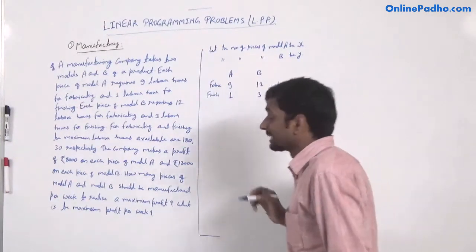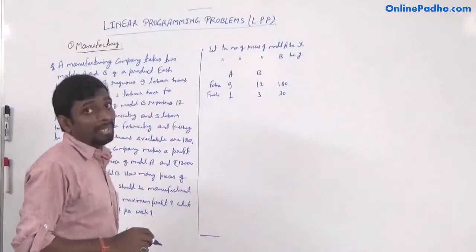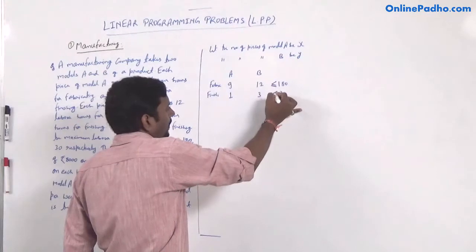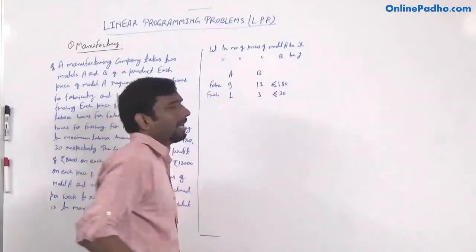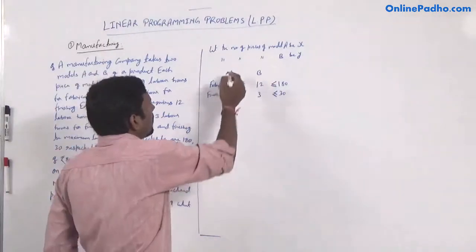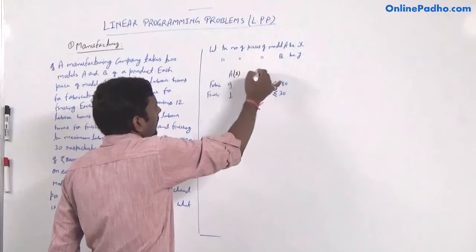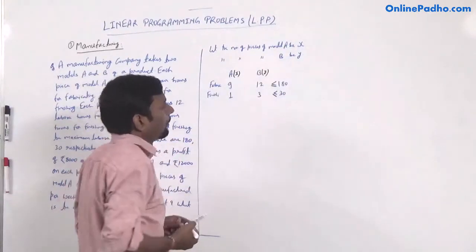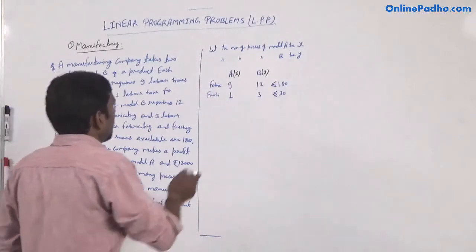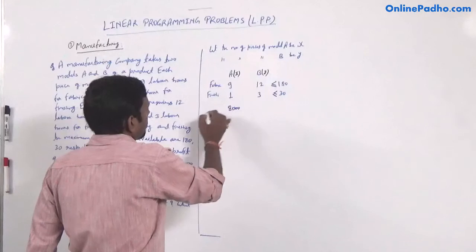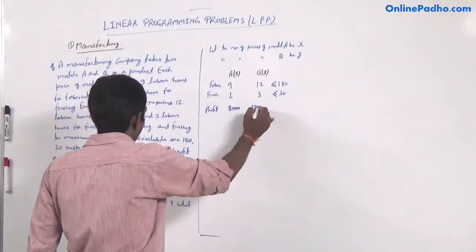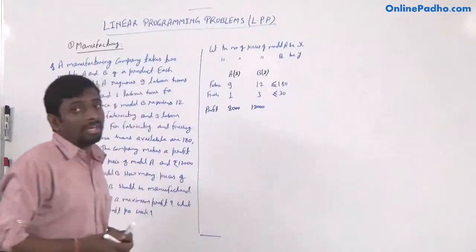For fabricating and finishing, the maximum labor hours available are 180 and 30. Maximum means less than or equal to. We have less than or equal to 180 hours for fabricating and less than or equal to 30 hours for finishing, right? And we have the number of pieces x and y, and the profit of 8,000 on model A and 12,000 on model B. We need to write some inequality.